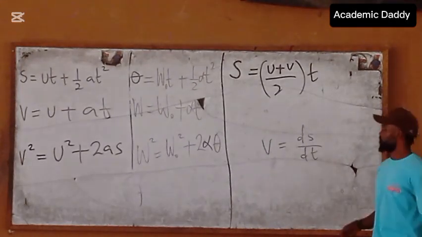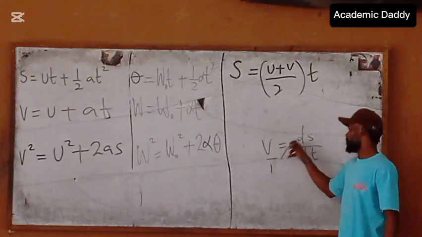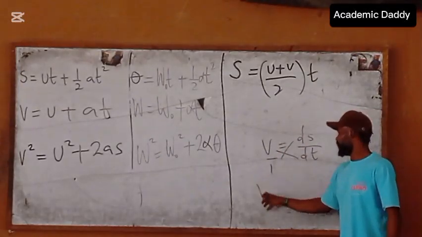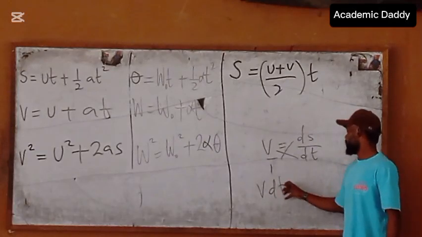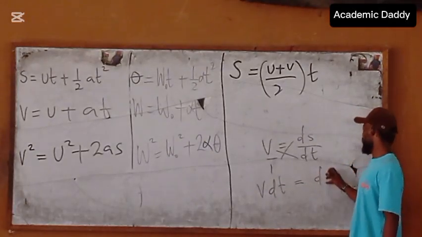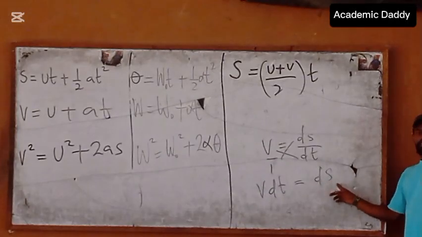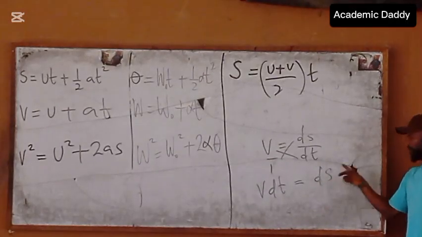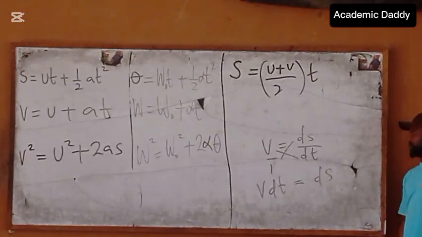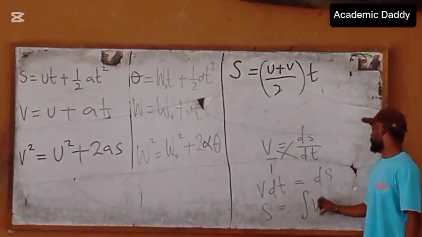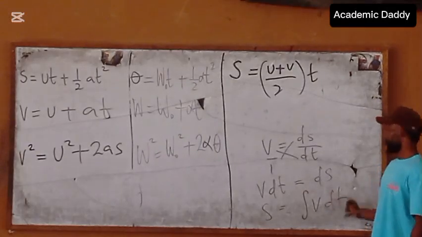If I cross multiply, I have v dt equals ds. Now if I want to make displacement the subject of the formula, when differentiation crosses the equality sign, it becomes integration. So s will be equal to the integral of v with respect to time.